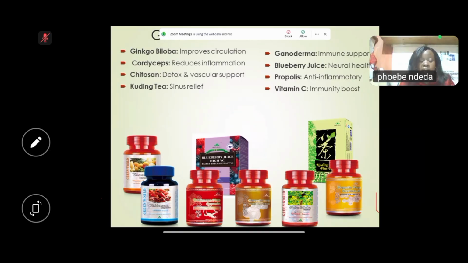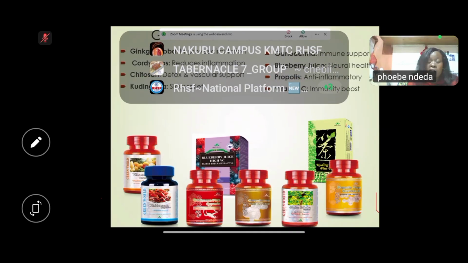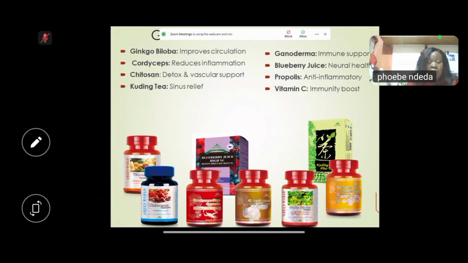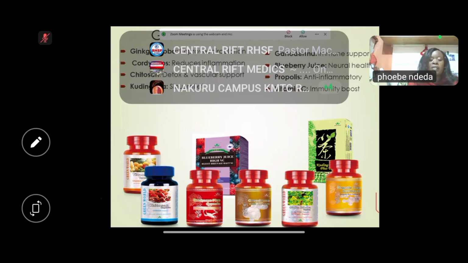We have ginkgo biloba. As you know, ginkgo biloba improves circulation. So if your blood vessels are circulating well, you don't have a problem with elasticity, these issues with blood vessels being so tiny. Ginkgo biloba will help support that, hence reduce the impact on vertigo.